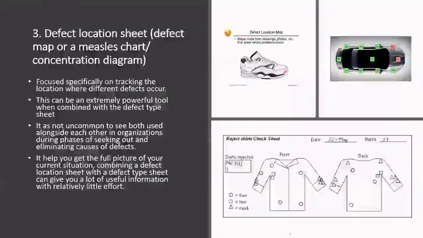Defect location sheet. I think everyone who is working in manufacturing fields with production has this type of experience. If you have a motorcycle or whatever vehicle, you are the person who brings your vehicle for service or repairs.